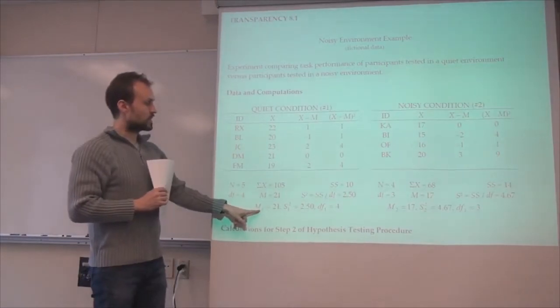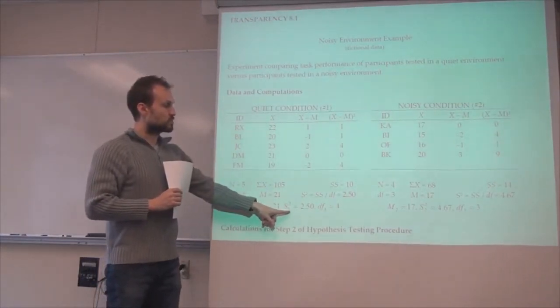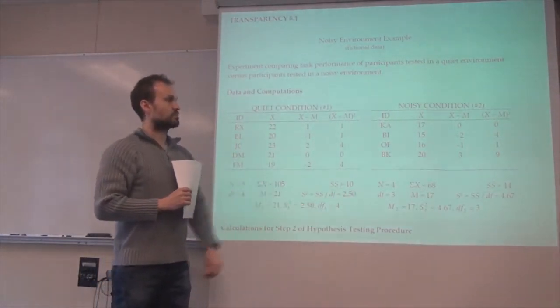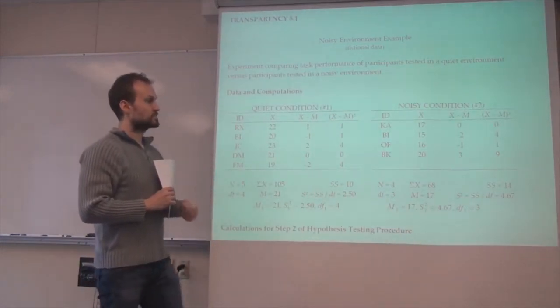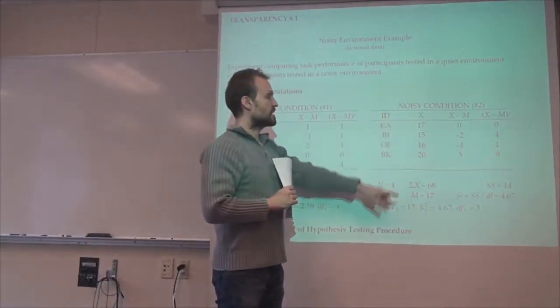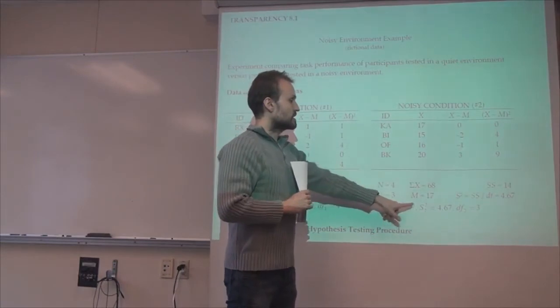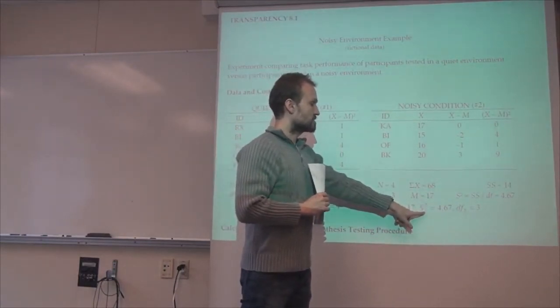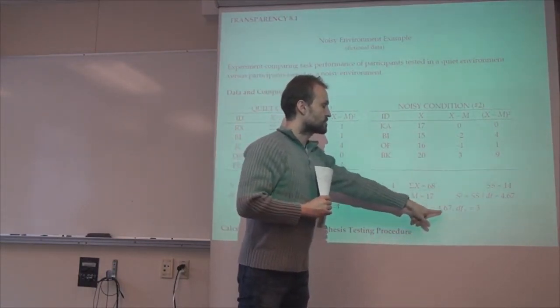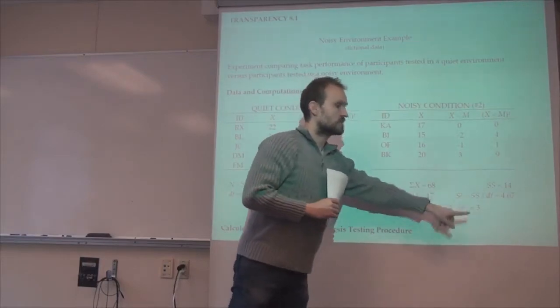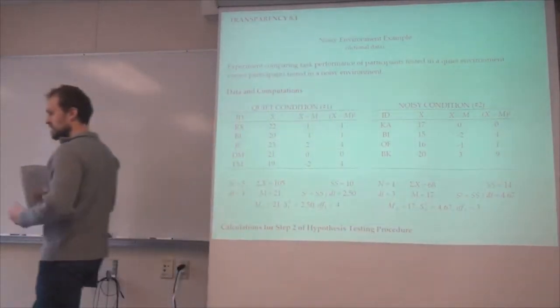So the mean is 21, the variance is 2.5, and the degrees of freedom is 1 less than the sample size. Same for the second sample: the mean is 17, the variance, I'll call it variance 2, is 4.67, and the degrees of freedom is 3.